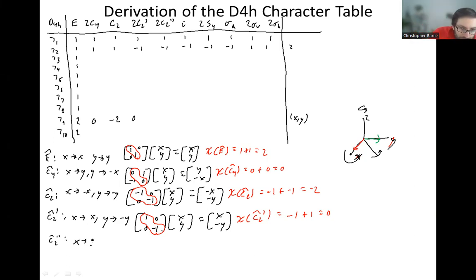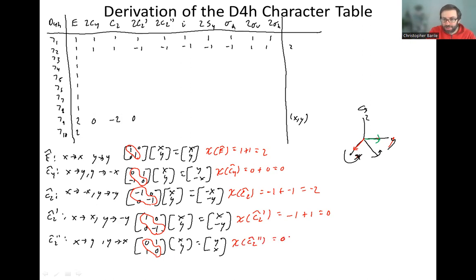So x goes to y and y goes to x. And that's going to mean we have zeros on the main diagonal, ones on the off diagonals. That's how the matrix multiplication works. If you don't know where this is coming from, check out my videos on how matrix multiplication works. But the character, therefore, of C2 double prime is 0 plus 0, which is equal to 0. And so we got a 0 under the double prime.